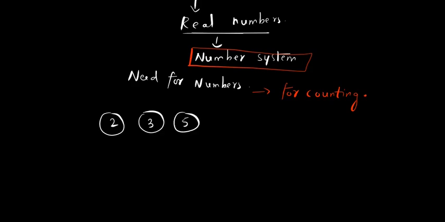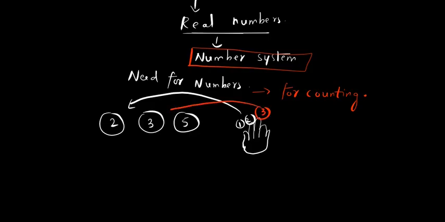This is the human finger like this. I'm not a better artist. So something like this. He counted one, two for the first one, and he counted one, two, three for the second person, and after that, four, five for the third person.